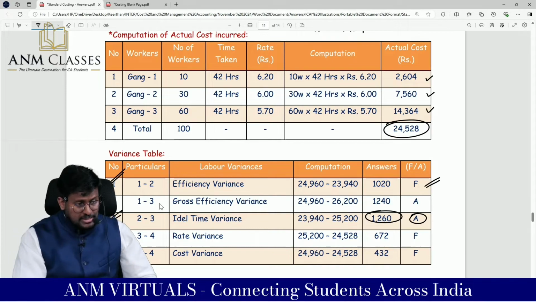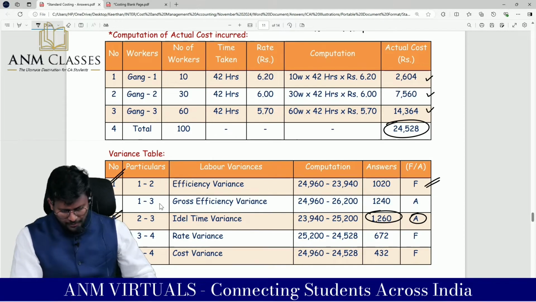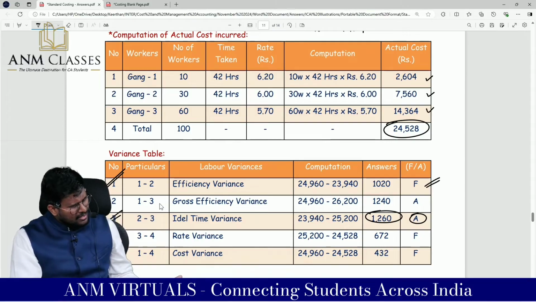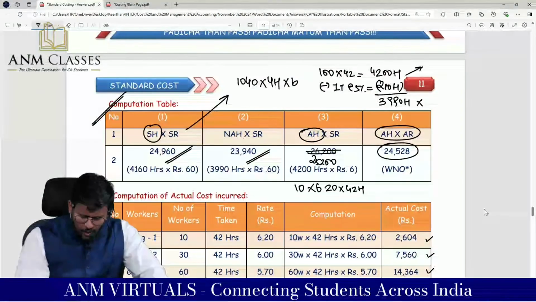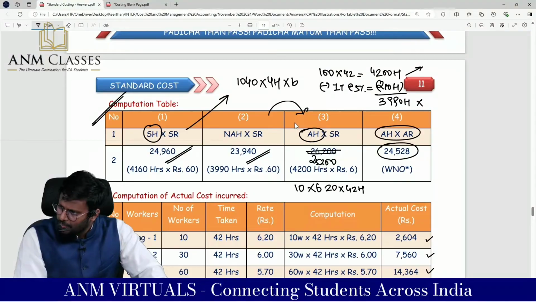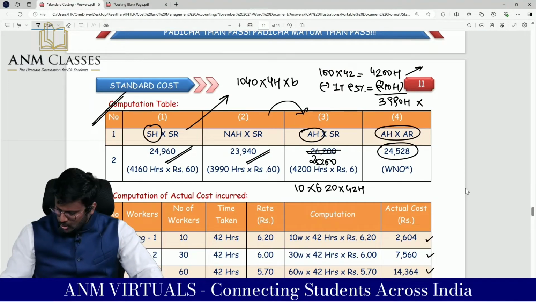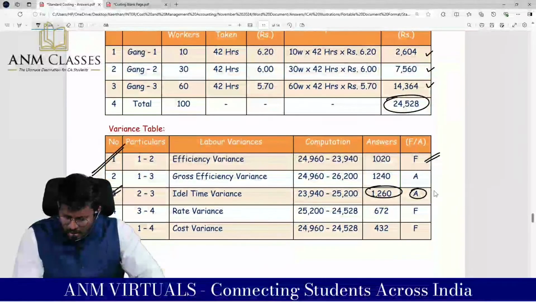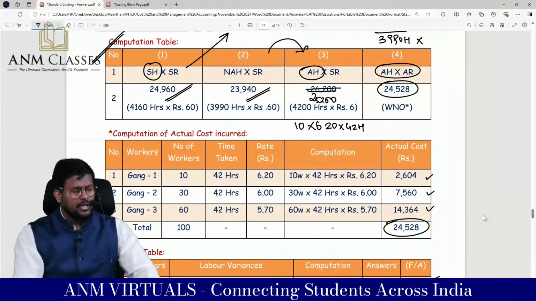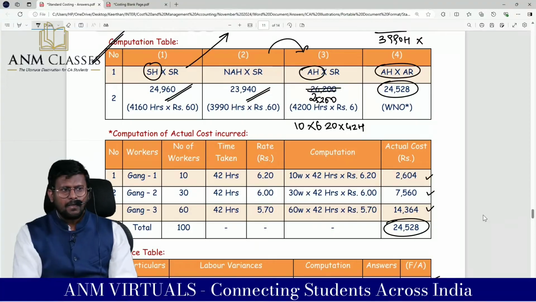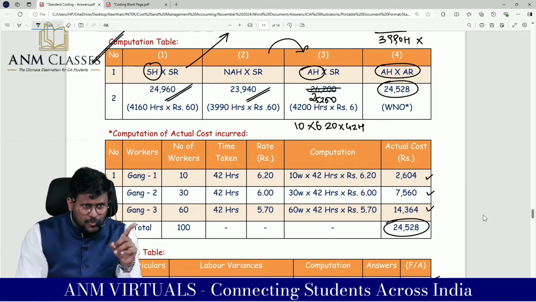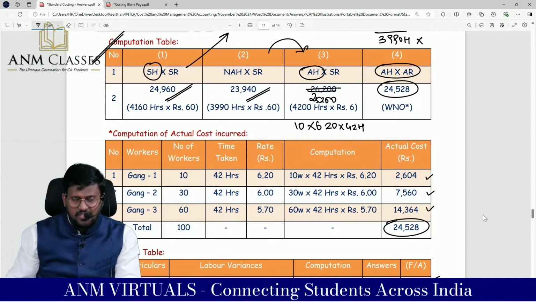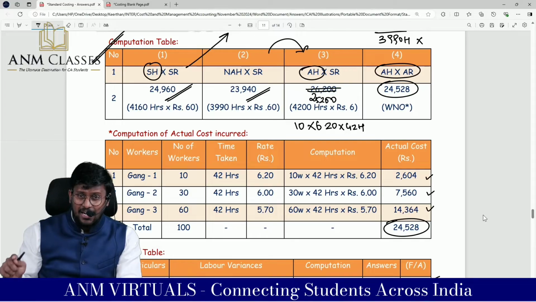Next one sir. Sir, gross efficiency variance. என்னது? என்ன variance? Sir, 2 minus 3 போட்டா உனக்கு என்ன வரும்னா idle time variance வரும் இல்லையா? 2 minus 3 போட்டா which is 23,940 minus 25,200 comes to 1,260. இது வேணா உனக்கு ஒரு ஷாட்ல கண்டுபிடிக்கலாம். டோட்டலா நீ 4,200 hours வேலை செஞ்சிருக்க. அதோட 5% என்ன டைம்? அப்ப 4,200 into 5%, 210 into what is the standard rate per hour?